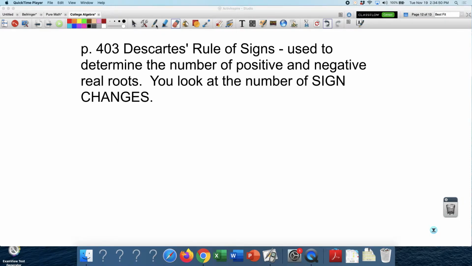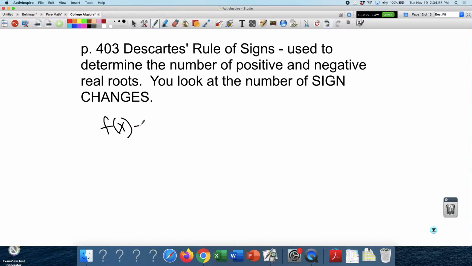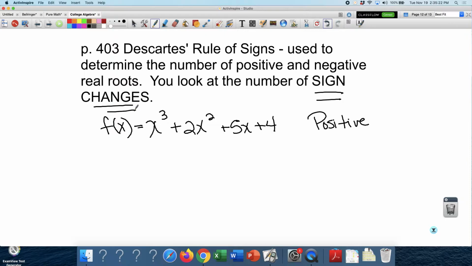So what you've got is they're going to give you an equation, and they're going to ask you for the number of positive and negative real roots. Now, for positive real roots, you just strictly look at the equation given, and you look for how many sign changes there are.